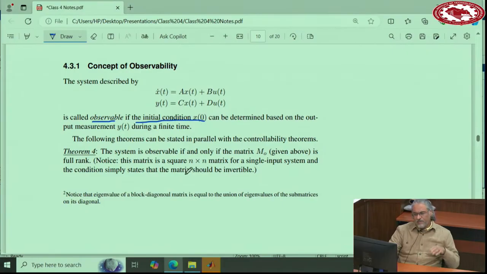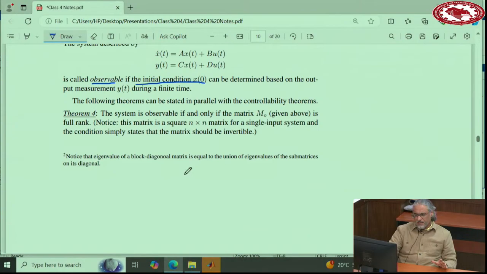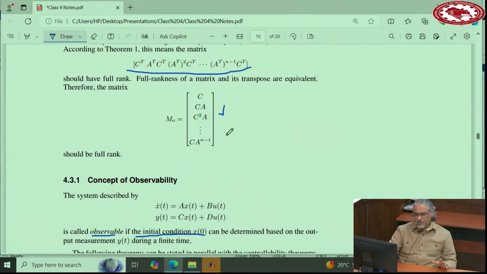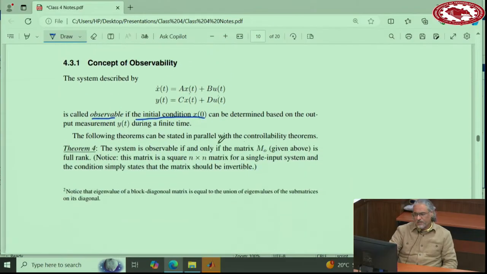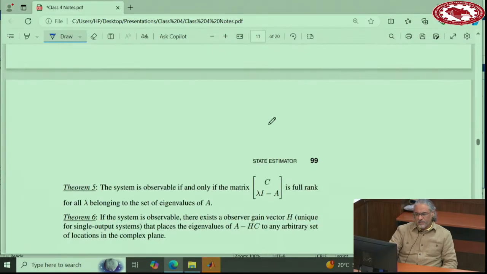Again, we have 3 theorems, very similar to the theorems for controllability. One of them says that this matrix should be full rank. If this is full rank, we already proved it somehow. If that is full rank, then the system is observable. The other condition says if [C; lambda I minus A] is full rank for all lambda.